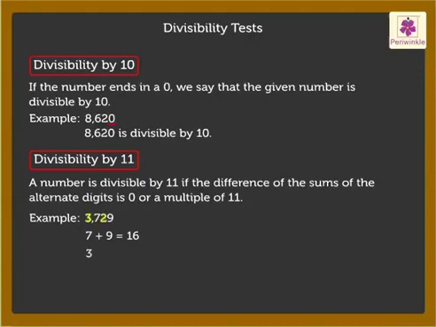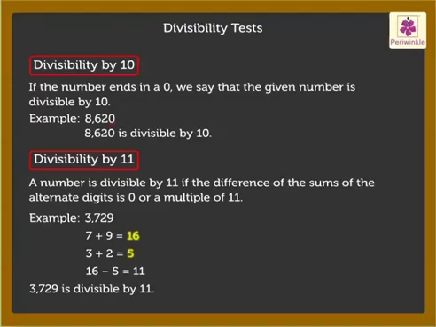And 3 plus 2 is equal to 5. Now, the difference between the two sums, that is 16 minus 5, is equal to 11. Therefore, the number 3,729 is divisible by 11.